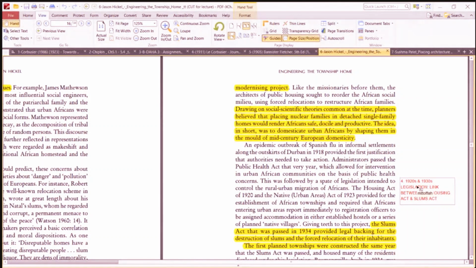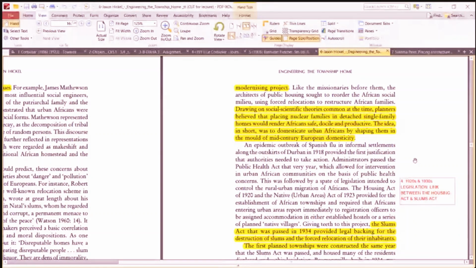Why did it want to do such a thing? Jason Hickel is arguing it is because they were seen as these in-between social evolutionary misfires that brought danger and disease, that they needed to be controlled. They need to be segregated and controlled and managed and kept docile, manageable. This is why those townships were created, Jason Hickel is arguing.